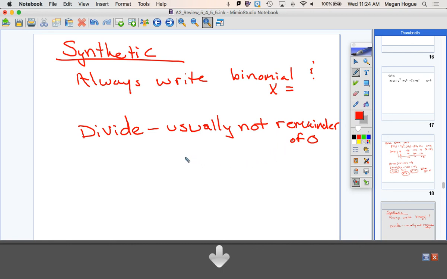But then let's also put this. It's the remainder over the binomial. That is some sloppy handwriting. I apologize.